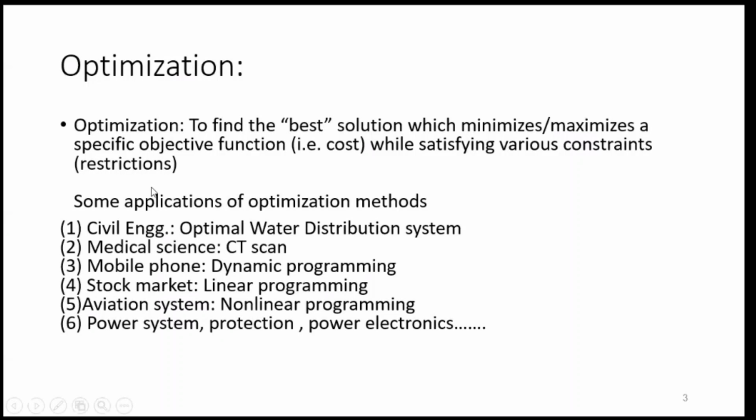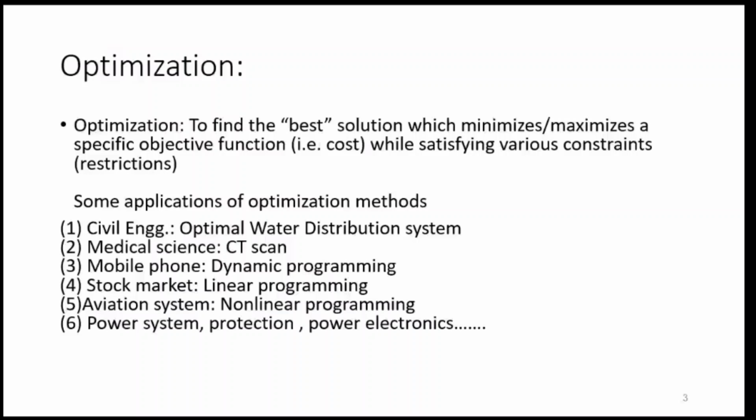So I have listed some of the applications of optimization methods. In general, nowadays, optimization methods or artificial intelligence methods are used in every field, whether it is engineering or medical science or any field, right? Now, since the organizer is from the civil department, first I have mentioned the application of optimization in civil engineering.